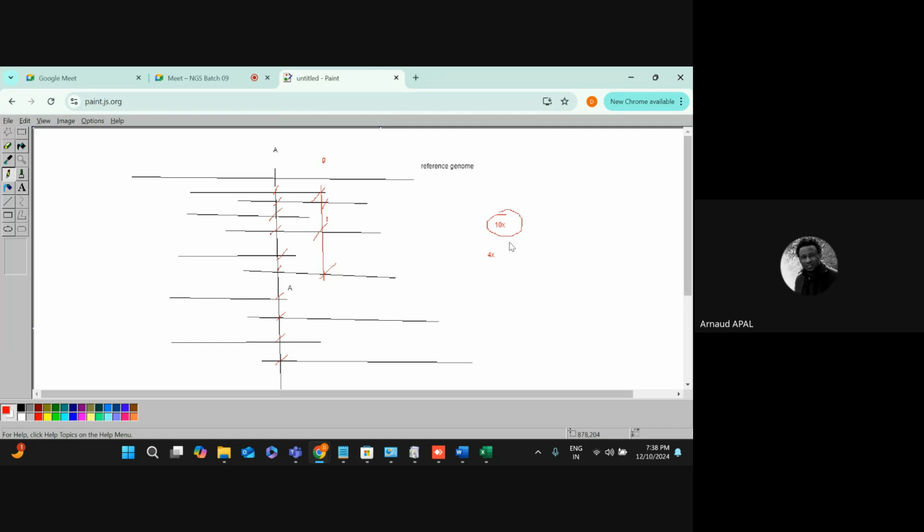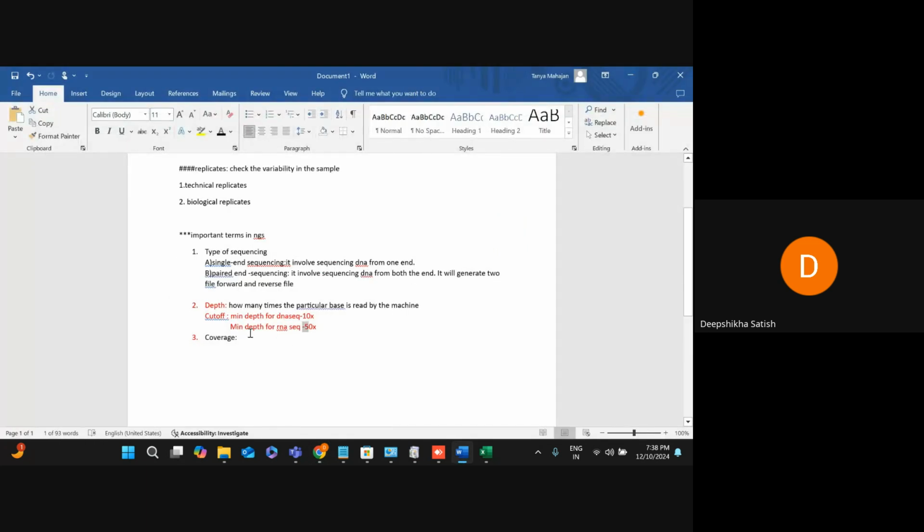So we have to neglect, we are putting some standard cutoffs there. We cannot take the low reads, which have low sequence also, we have to neglect those. Otherwise it will create noise in your data also. We will see in the pipeline how to neglect those things. But the idea is, is it clear what is the depth here? Perfect. Okay, fine.